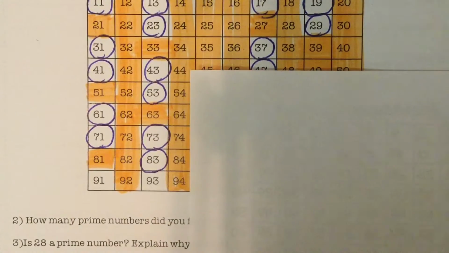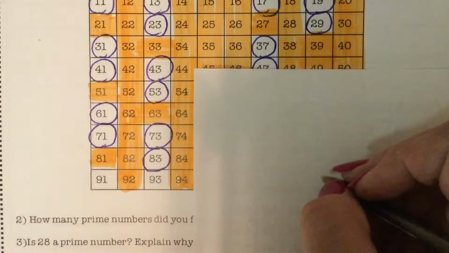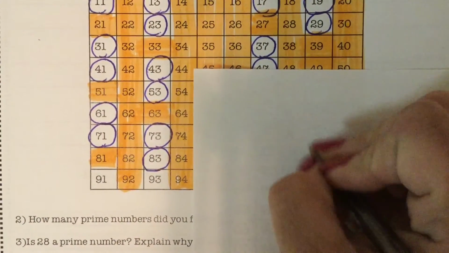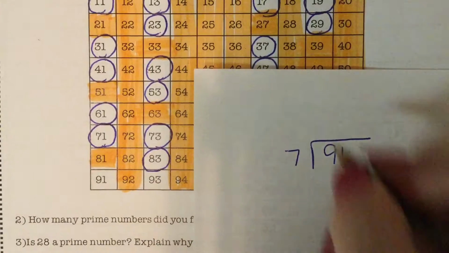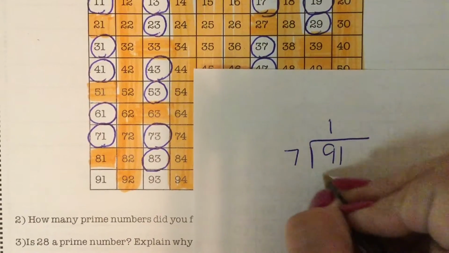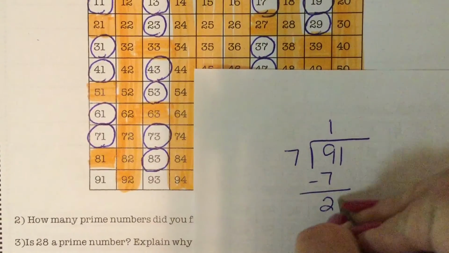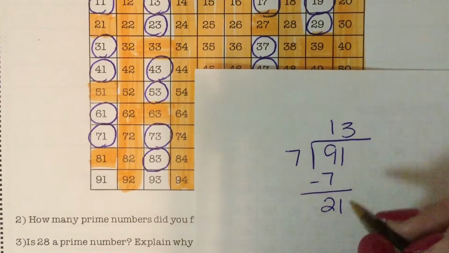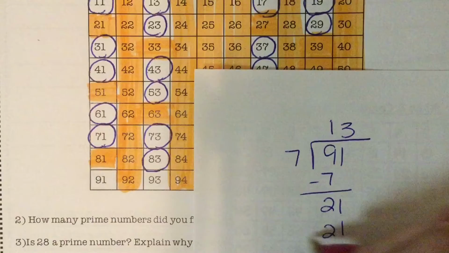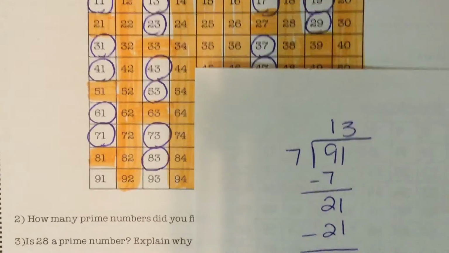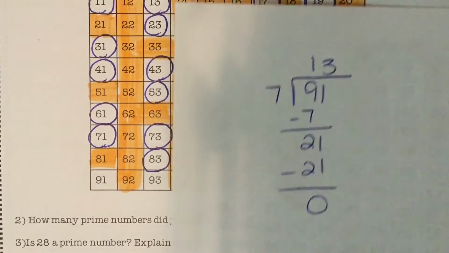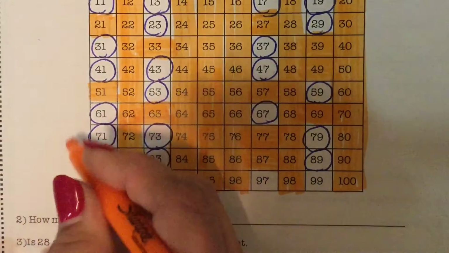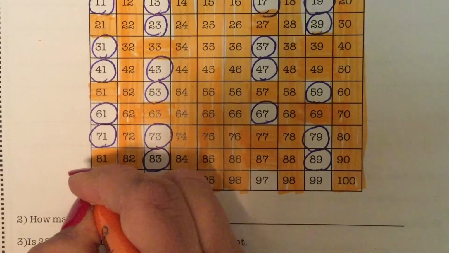Well, 91, I know that 91 divided by 7, 1 times 7 is 7, leaves me with 21. And I know 7 goes into 21 3 times, so I know that 13 times 7 is 91. Okay, so 91 is actually a composite number.